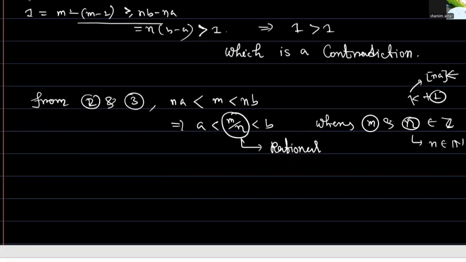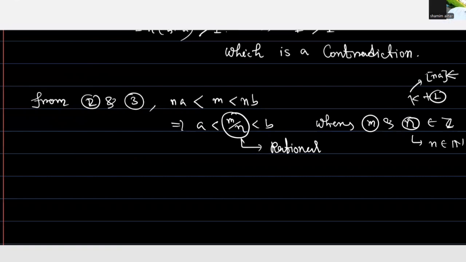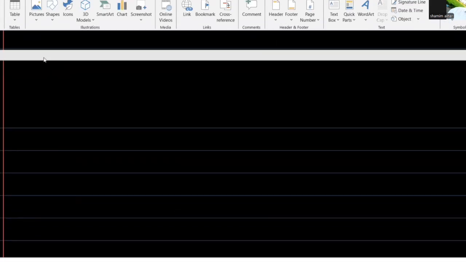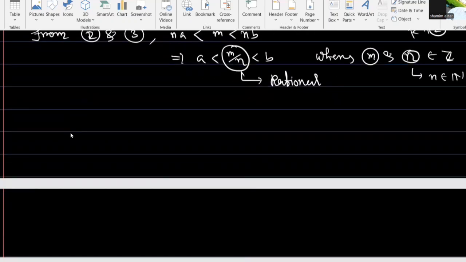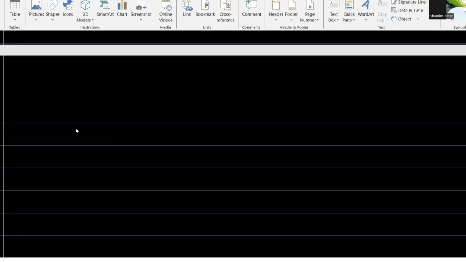Now we also show that using the density of rationals in R, we can find infinitely many rational numbers between two distinct real numbers.